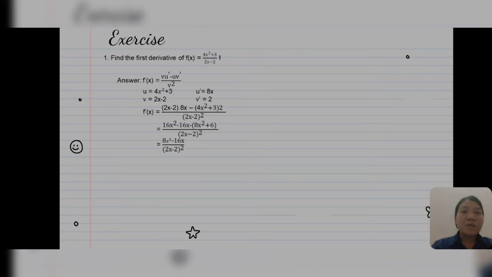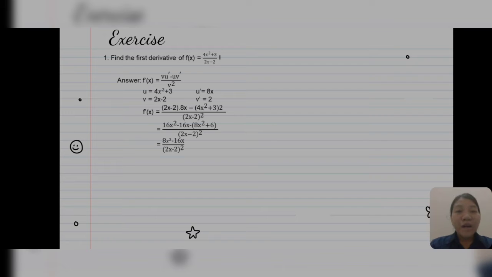And then after that we multiply all of this, so we got 16x squared minus 16x minus open parenthesis 8x squared plus 6 close parenthesis per open parenthesis 2x minus 2 close parenthesis squared.